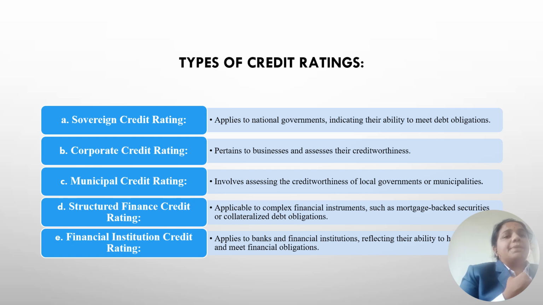Then municipal credit rating involves assessing the creditworthiness of a local government or municipality. Structured finance credit rating is applicable to complex financial instruments such as mortgage-backed securities or collateralized debt obligations. Next is the financial institution credit rating. It applies to banks and financial institutions, reflecting their ability to meet financial obligations.